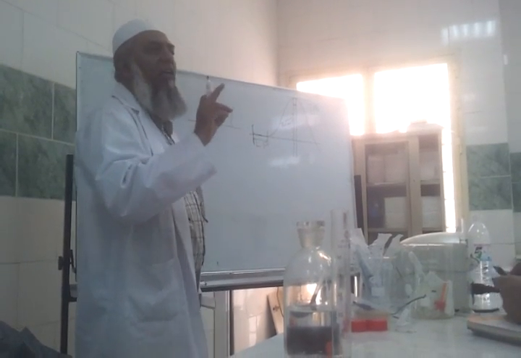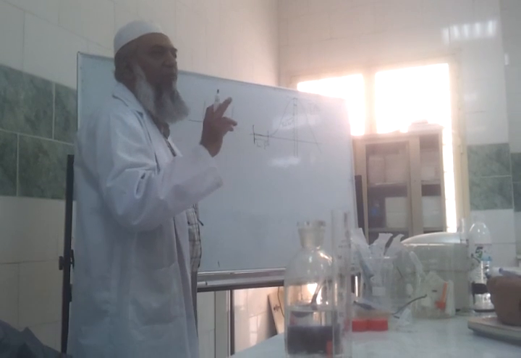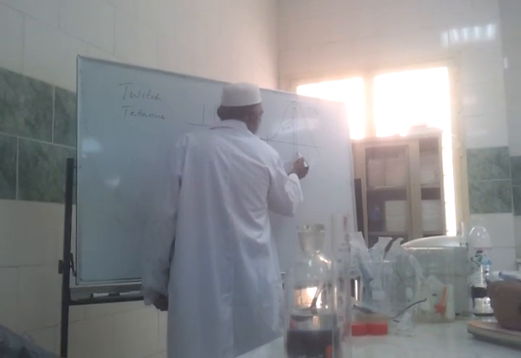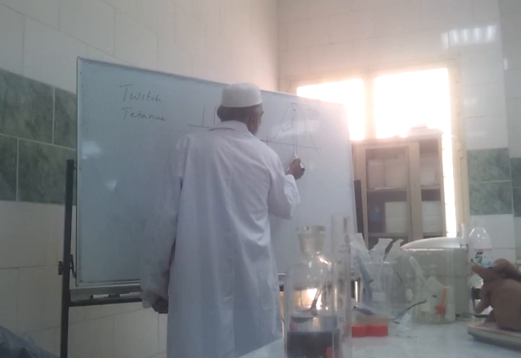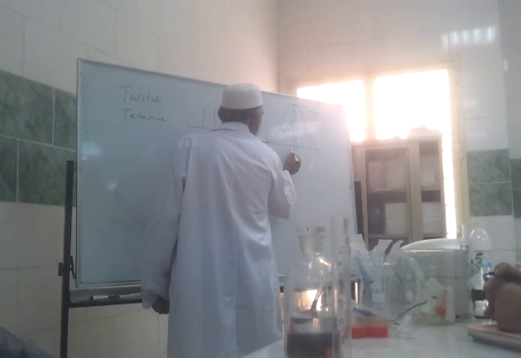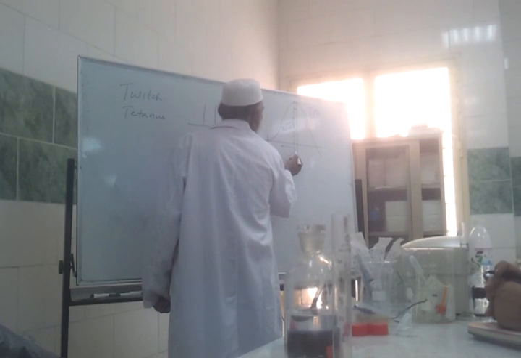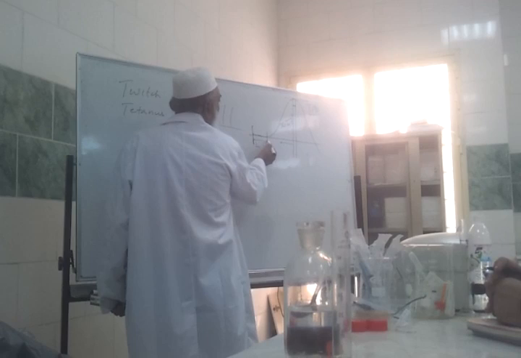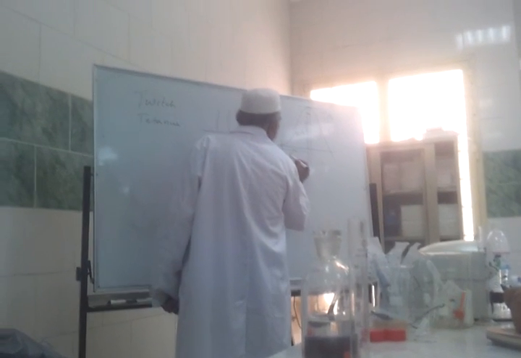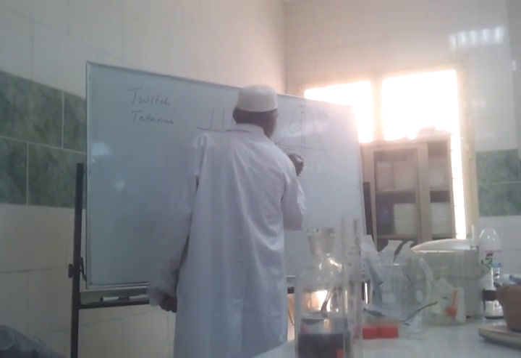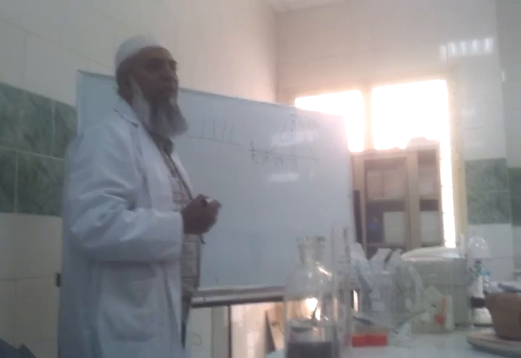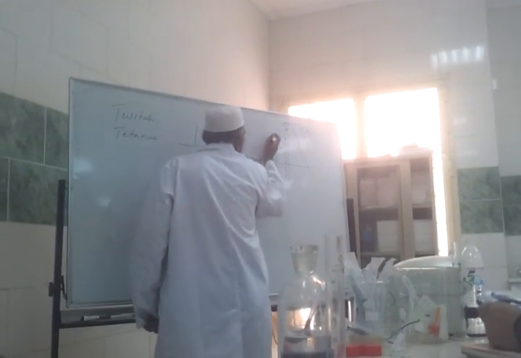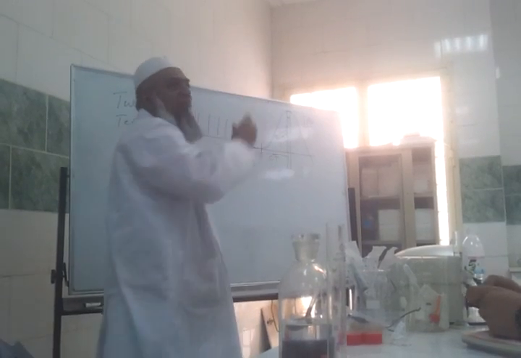Between the first line of twitch peak duration and the second line of the latent period, this time period is called twitch contraction time. Why? Because during this time the muscle keeps on contracting.